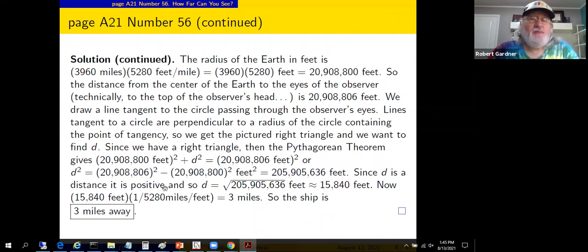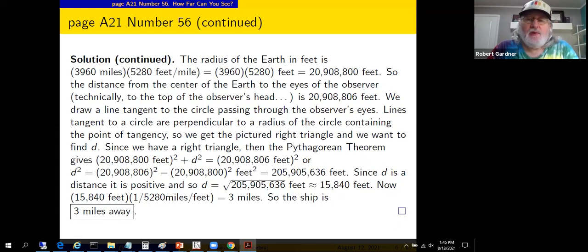The Pythagorean theorem tells us radius of the Earth in feet squared plus the distance one can see. That will come out in feet as well because we've chosen to do this in feet. We'll convert it to miles just to make more sense out of it at the end. But we get one leg squared plus the other leg squared equals the hypotenuse squared. The hypotenuse is a long one, and it ain't much longer than the others, but it's 6 feet longer than this one.